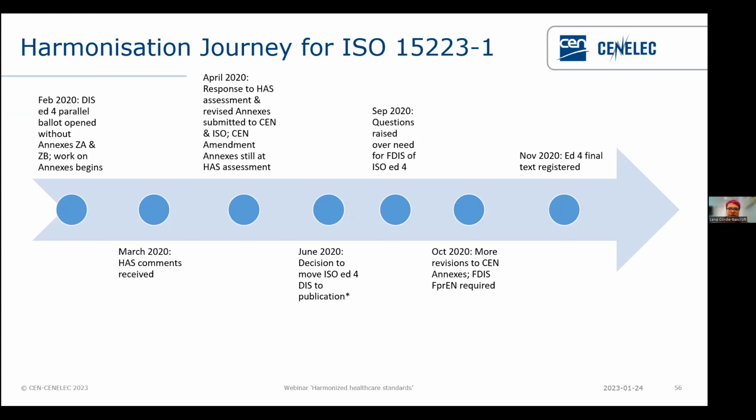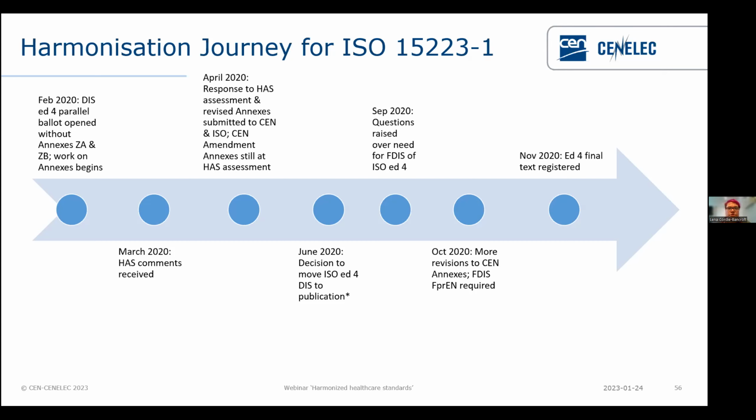So that was a bit of a delay between June and September, but then there were some more revisions made in October, and the final text was registered in November of 2020.